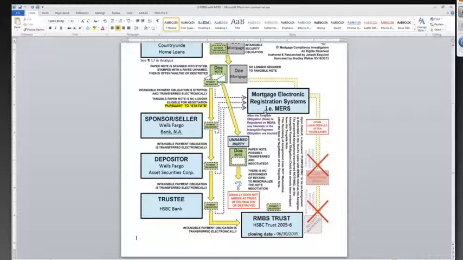So when you look at MERS, all right, if you look at a MERS milestone report, it shows tracking of the beneficial interest and the servicing rights. Let's take JP Morgan Chase, and JP Morgan Chase says, I've acquired assets of WAMU.